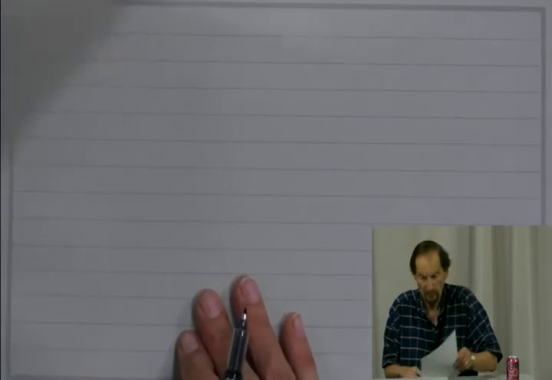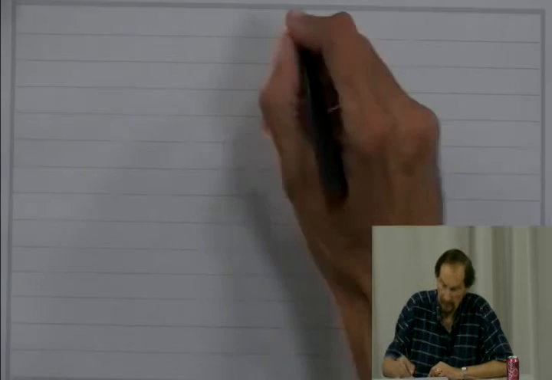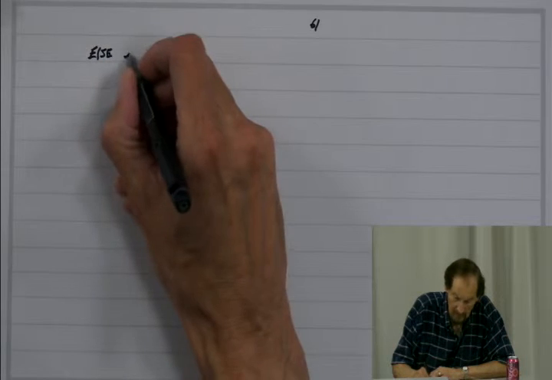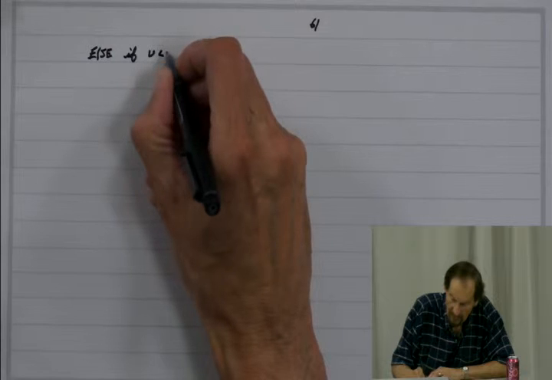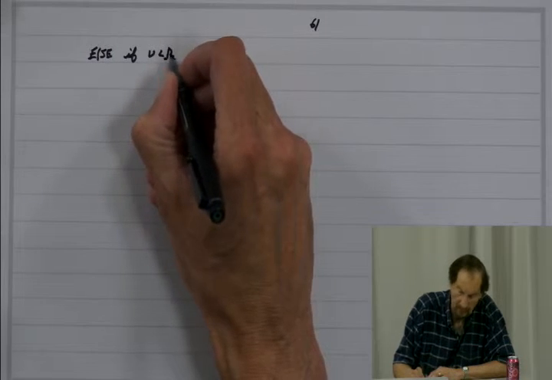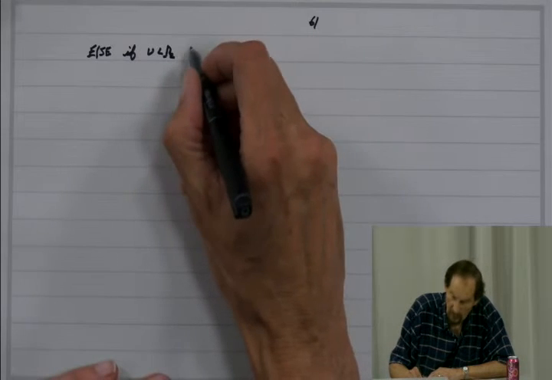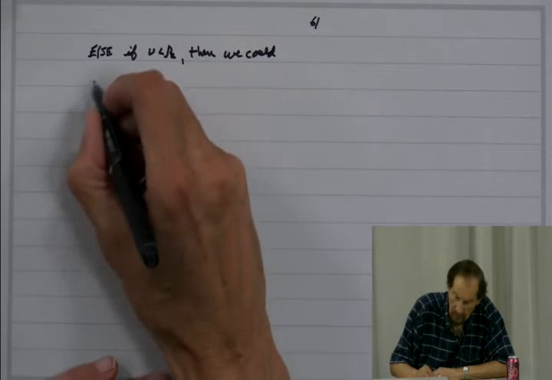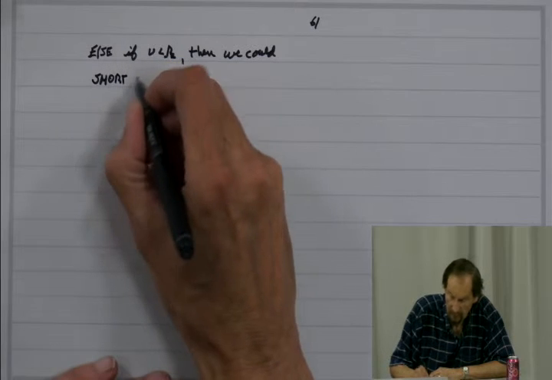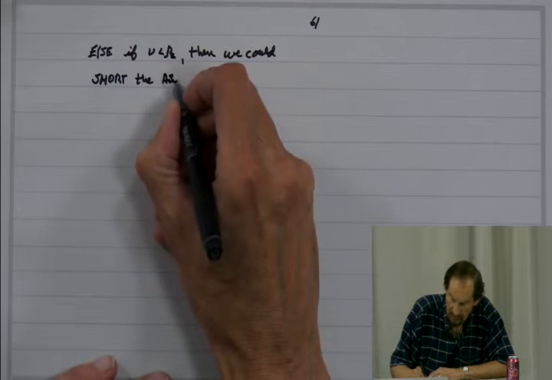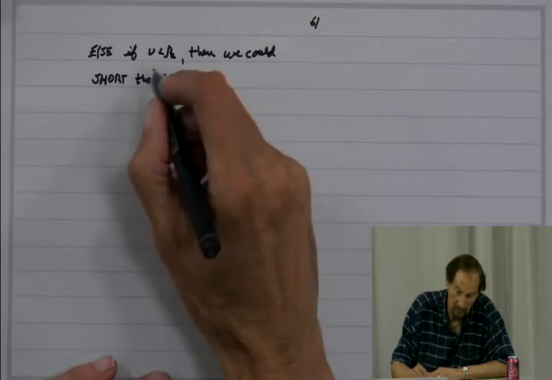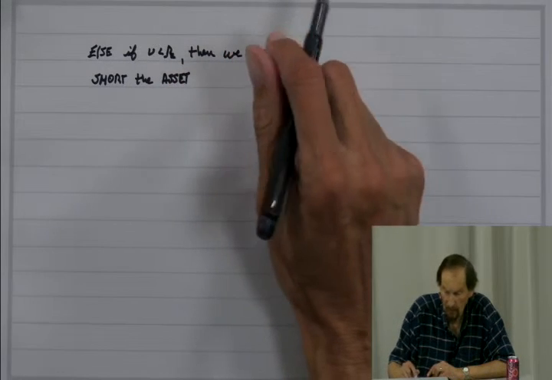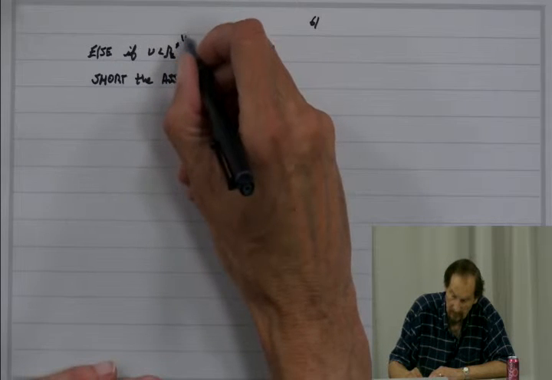If this wasn't true, else, if u was less than r, the return, then we could short the stock, let's call it an asset, because we know that the up move is going to be less than 1 plus r.